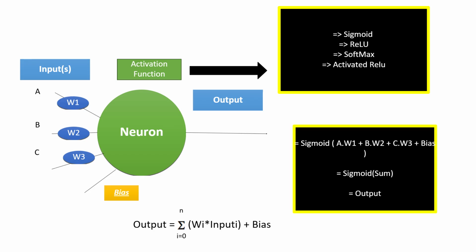How is the output of a neuron received? The inputs are multiplied by the respective weights, x1 with w1, x2 with w2, and so on. These weighted products are then added to a bias. The bias and the weighted sum of these inputs is then given as an input to an activation function. We are going to cover a lot of activation functions with thorough visualizations in the next lectures.